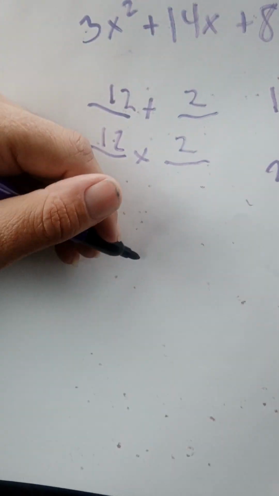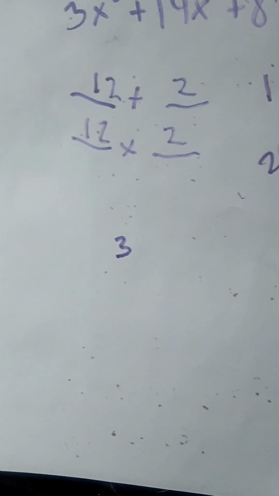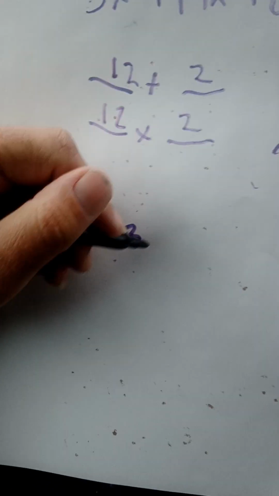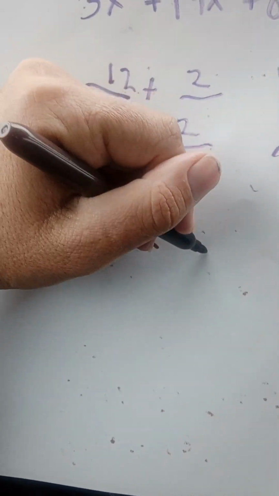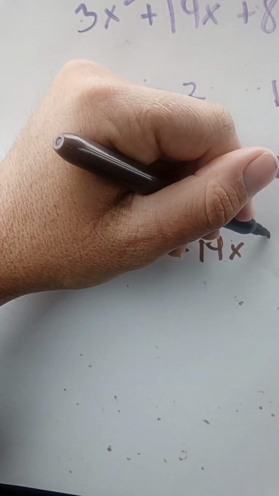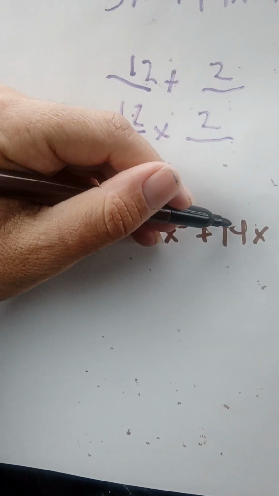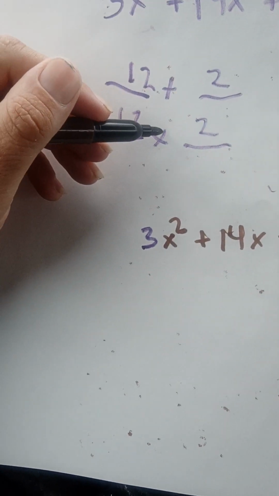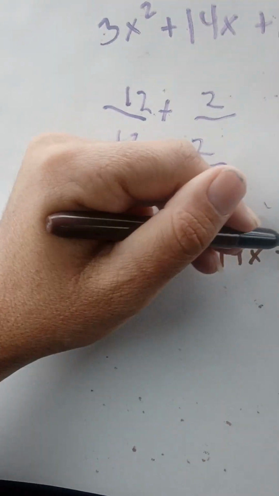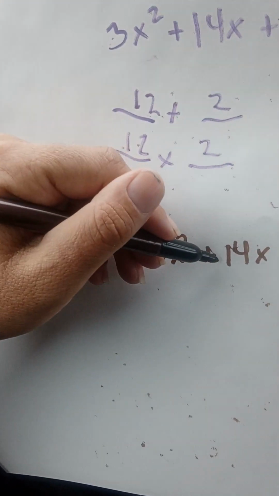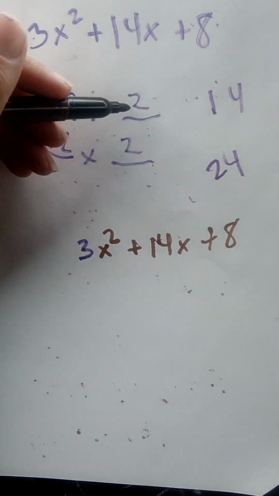So now what you do is, I'm actually going to use another marker because my ink is running low. We're going to do 3x squared plus 14x plus 8. So when you find the two special numbers, we know we have the two numbers that make an outside product of 24, and two numbers that make an inside sum of 14.